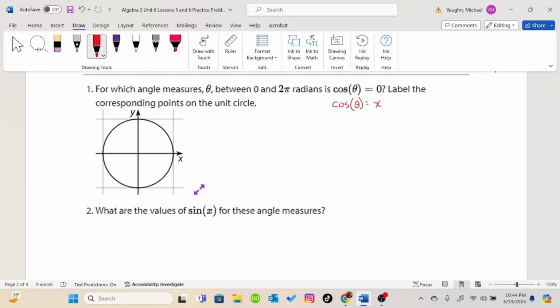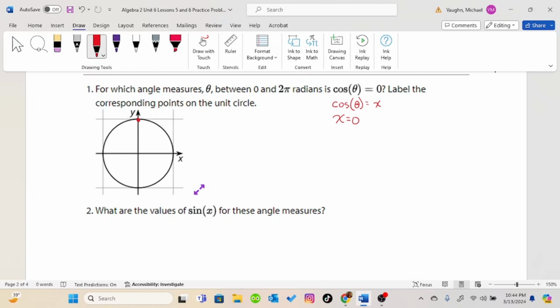So if cosine theta equals 0 and cosine theta equals x, then that means x equals 0. And x equals 0 on the y-axis.